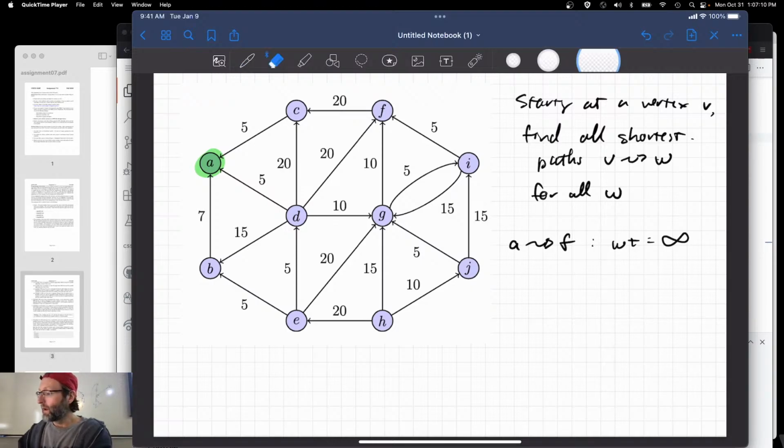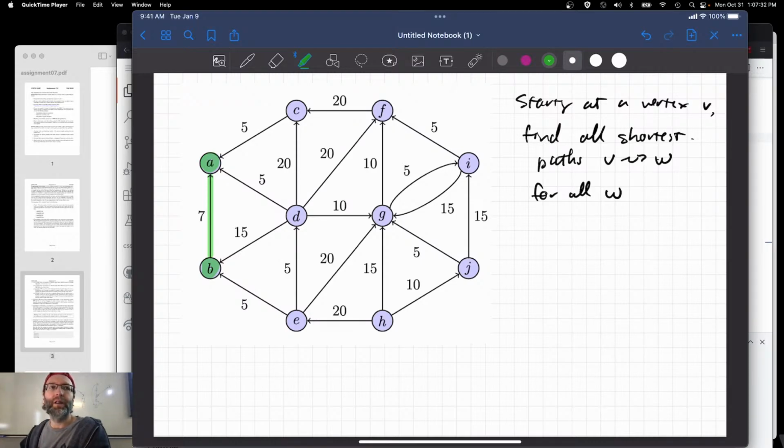All right, give me another vertex that's not so trivial. You could go with B, but that's only slightly less trivial. We only have one edge outward, in which case we're done, because there's no other way to get anywhere else, so everything else would be infinite weight.